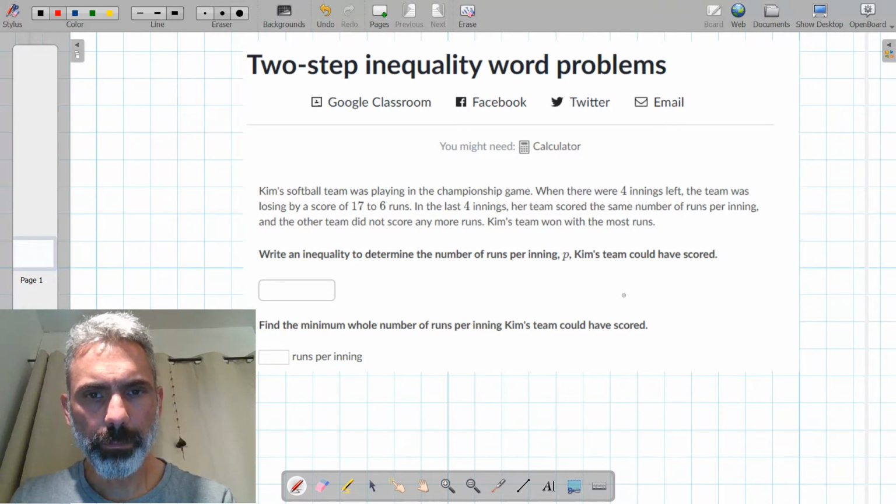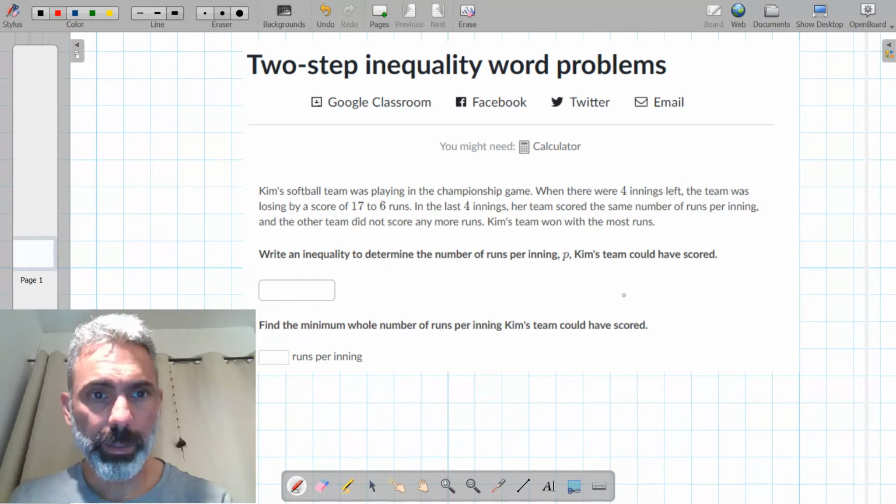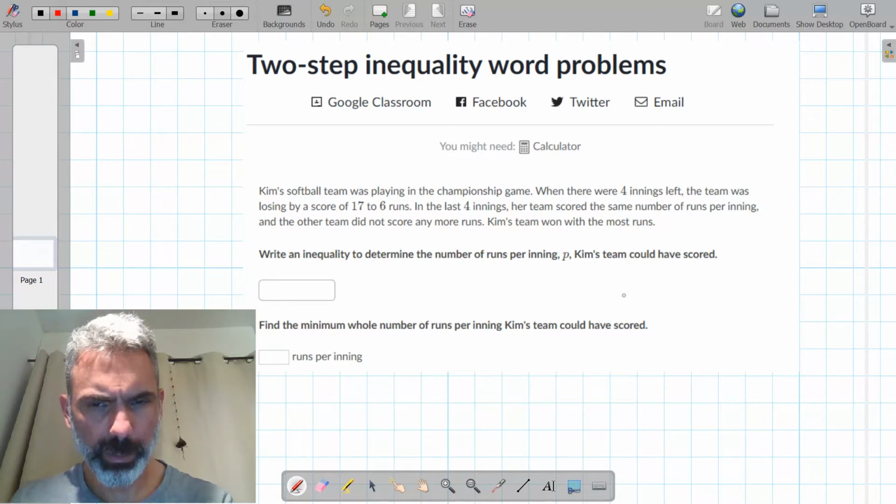In the last 4 innings, her team scored the same number of runs per inning, and the other team did not score any more runs. Kim's team won with the most runs. Write an inequality to determine the number of runs per inning P Kim's team could have scored.